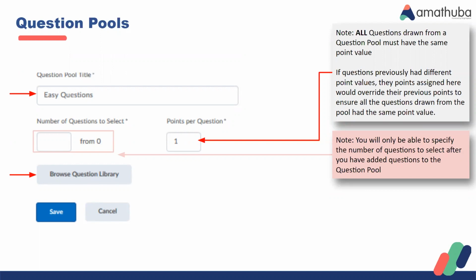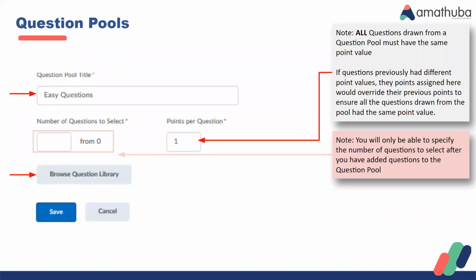That means that your pool does not yet contain any questions because we haven't set it up. There are 0 questions in this pool, so you can't designate a number of questions to pull from a pool of 0. Don't panic if you can't type into that field yet. It will only become editable once you start adding in questions.